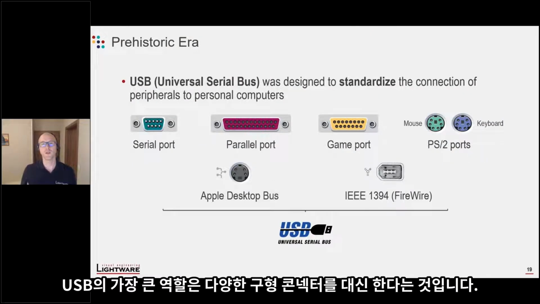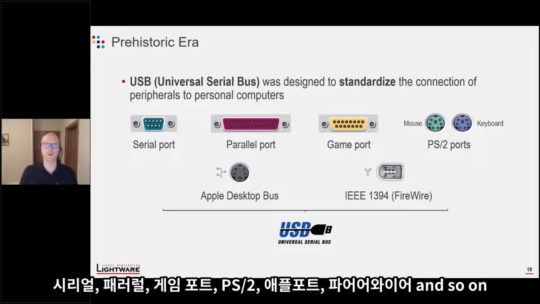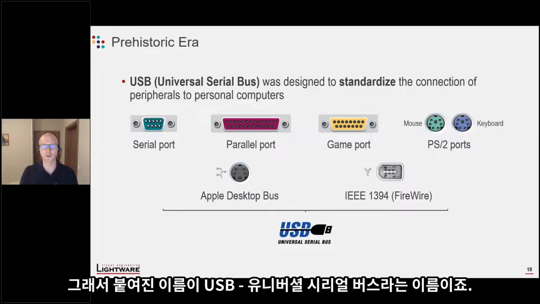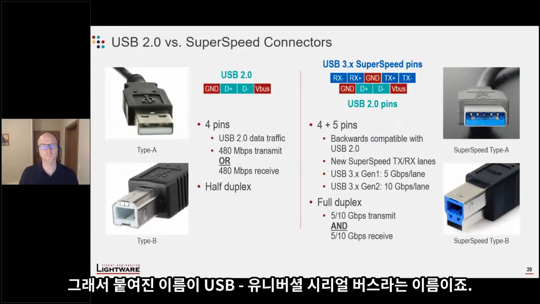So the goal of USB was to get rid of all these older connectors, serial port, parallel port, PS2 ports, FireWire, and so on. The creators of USB wanted to have one single type of connector which can eliminate all of these, and hence the name, it became Universal Serial Bus.